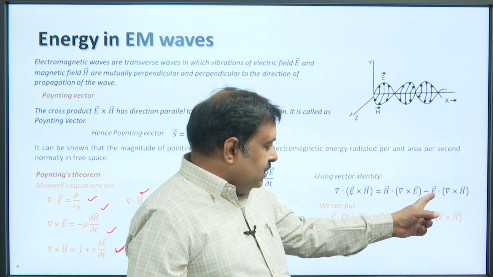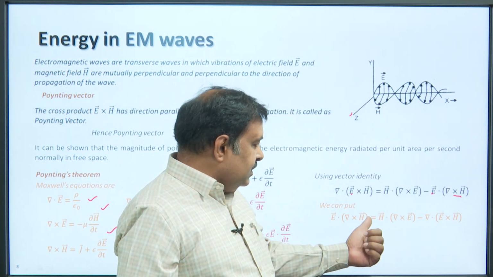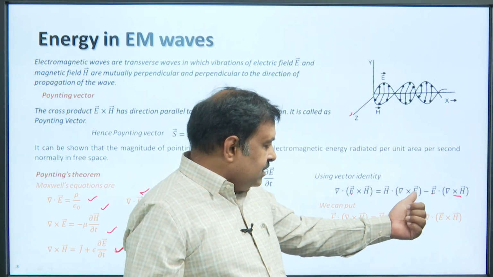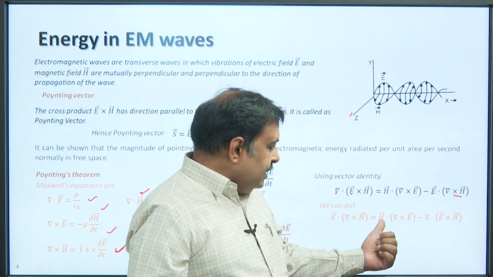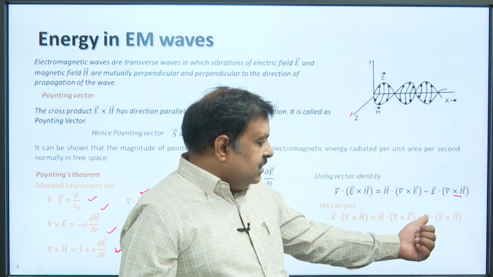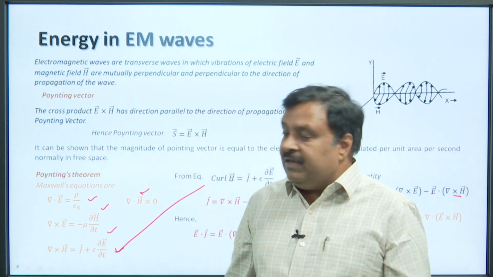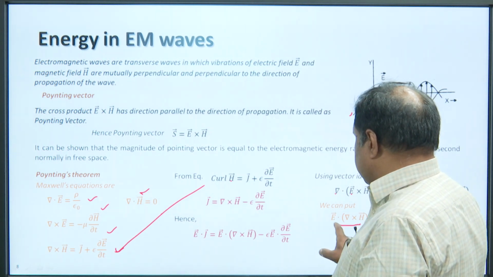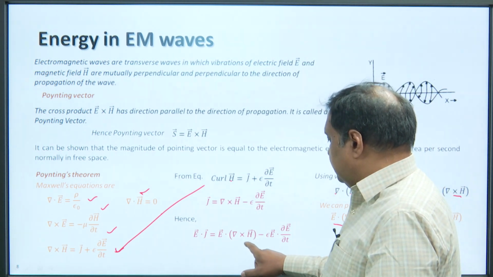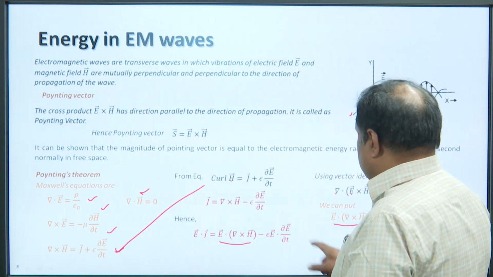So, what is E dot del cross H? It is H dot del cross E, and bring this term to right hand side. So, H dot del cross E minus del dot E cross H. So, we will substitute for E dot del cross H in this equation. So, what we get?